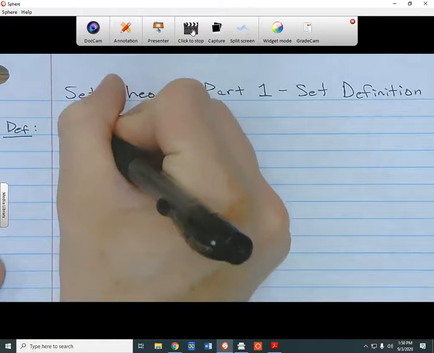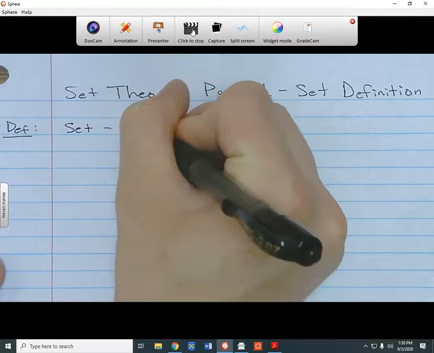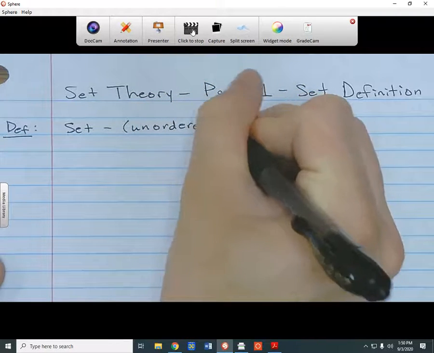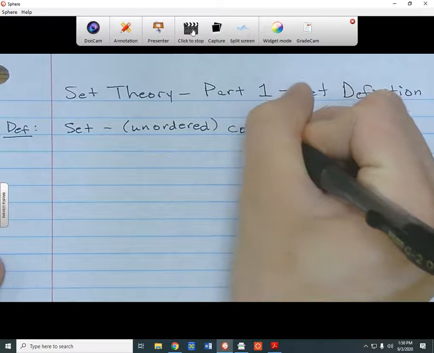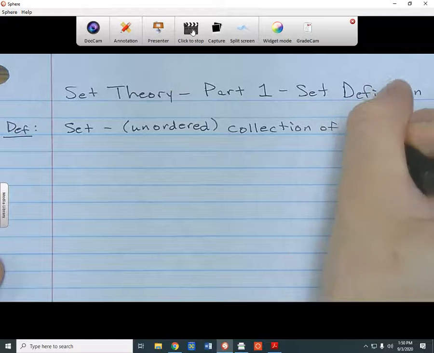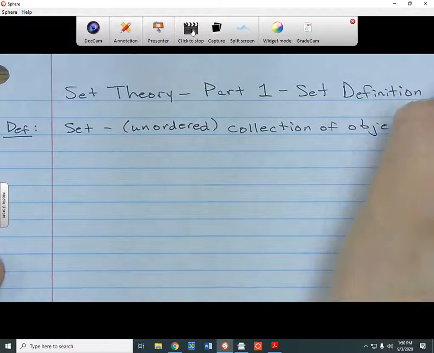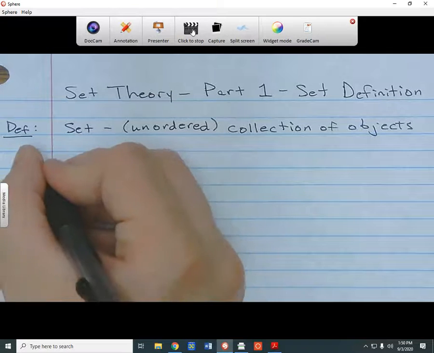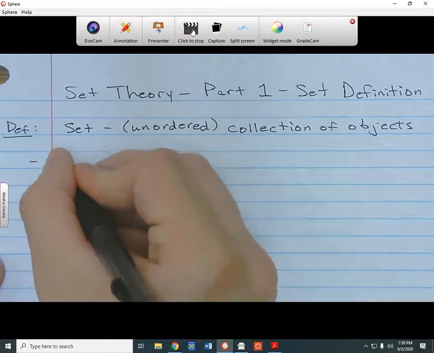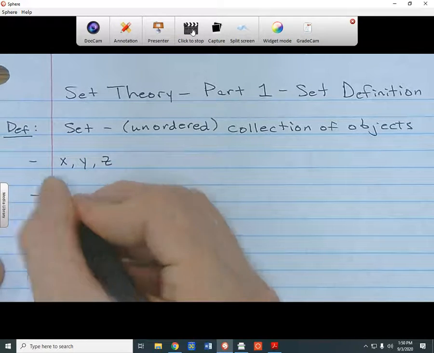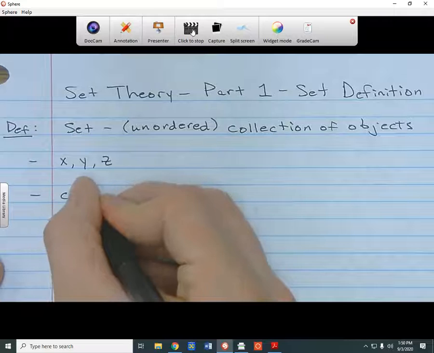A set is an unordered collection of objects. These objects usually take the form of lowercase letters, such as X, Y, and Z. And sets are commonly denoted by capital letters.